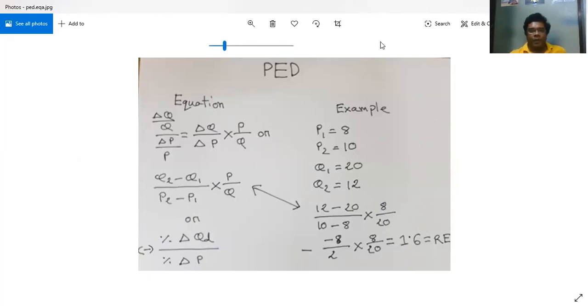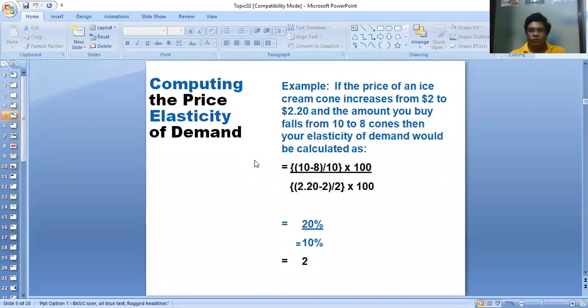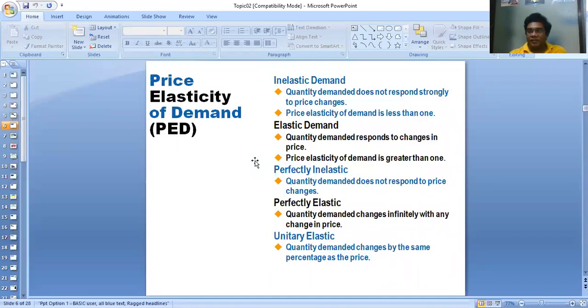Now, let's talk about different values of PED. Based on the result, there could be 5 types of PED with different PED values. Starting with relatively inelastic demand. It refers to when there is a change in price.